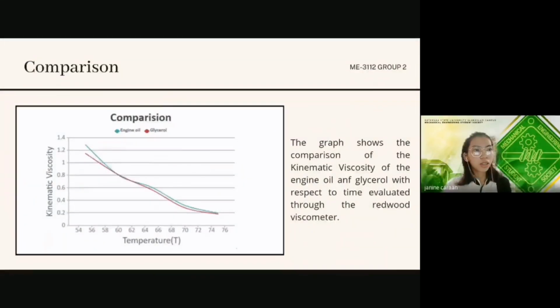In comparison, we can see in the graph that the blue line represents the engine oil and the red line represents the glycerol. The graph shows the comparison of the kinematic viscosity of the engine oil and glycerol with respect to time, evaluated through the Redwood Viscometer.